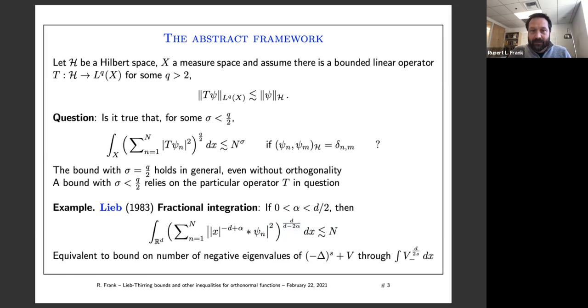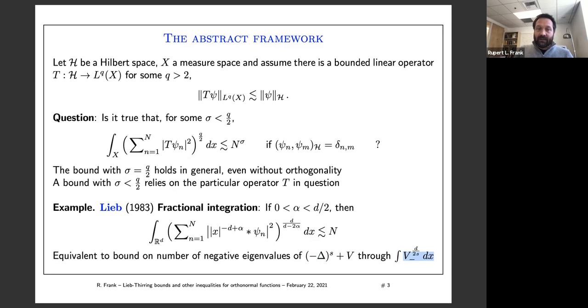Okay, and in this inequality, the power 1 of n actually is known to be optimal, and that's one form of stating one of these important theorems in the spectral theory of Schrödinger operators, namely the Cwikel-Lieb-Rozenblum bound, where you estimate the number of negative eigenvalues of a Schrödinger operator through an integral of a power of the potential.